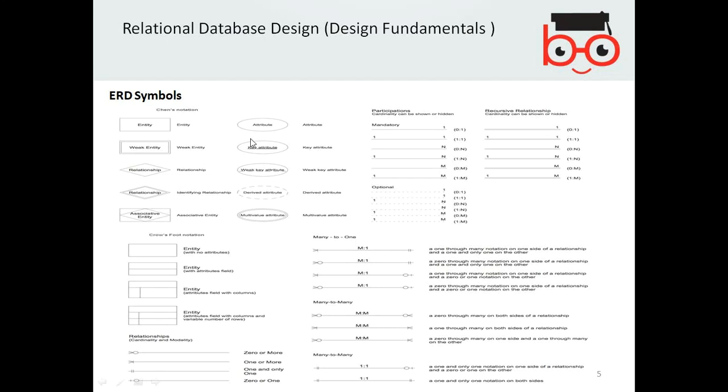The oval may be an attribute, and something underlined is a key attribute, then weak attribute and so on. There are mandatory participations, and their occurrences, recursive relationship, optional, many to one, many to many, and zero or more, something like that.